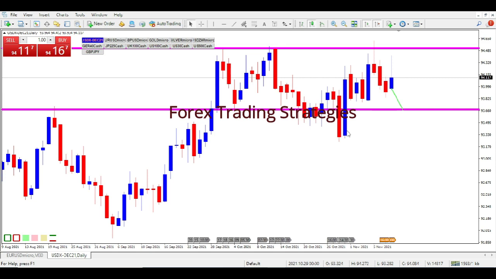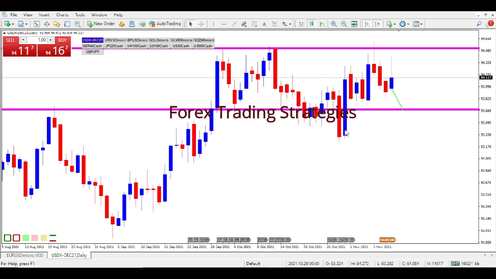Simple stuff. If you have got no other pair that you can trade, if you are tired of losing money in the markets and you are telling me, I don't know what to do, I don't know what to trade, I've got no idea of what to do, my friend, put Euro USD on your charts and put the dollar index next to it.